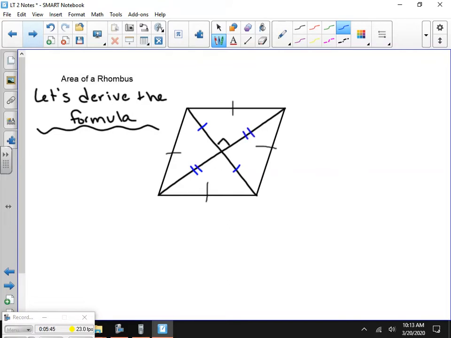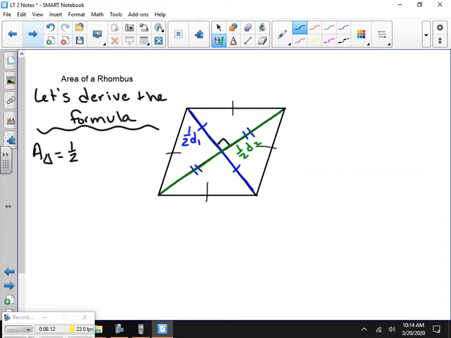So that means that if the whole diagonal here is diagonal 1, this is half of diagonal 1. And if this whole diagonal here is diagonal 2, this is half of diagonal 2. So if I were to find an area of just one triangle in my rhombus, I know area of a triangle is 1/2 base times height.